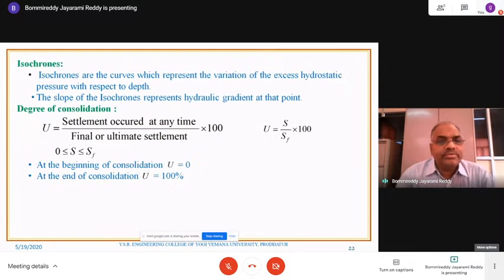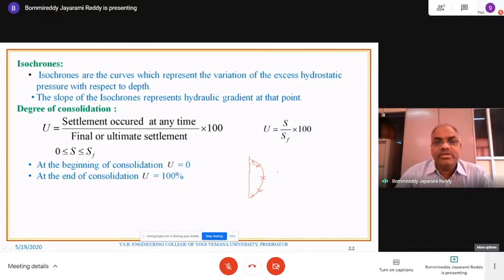Then isochrons. Isochrons are the curves which represent the variation of excess hydrostatic pressure with respect to depth. For example, at a particular depth, the excess pore pressure is the same at all these different points, and if you draw a curve passing through the various points, then it is called the isochron.